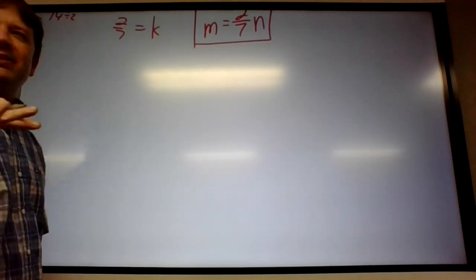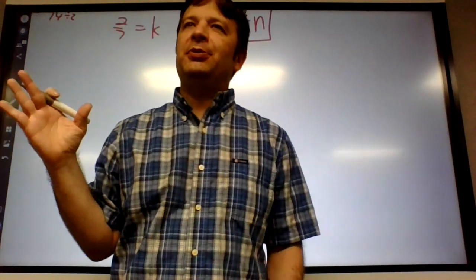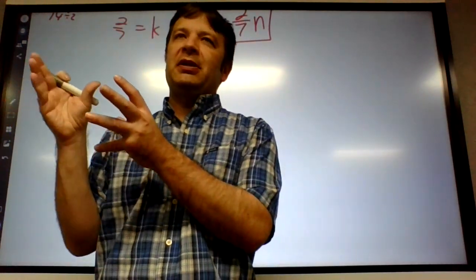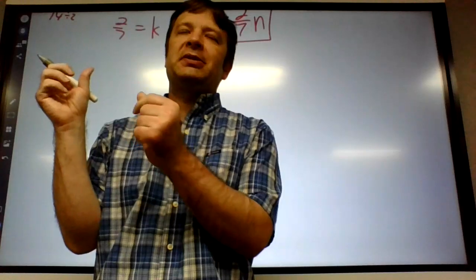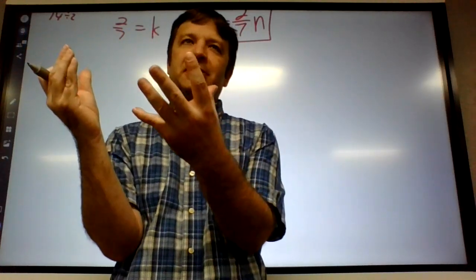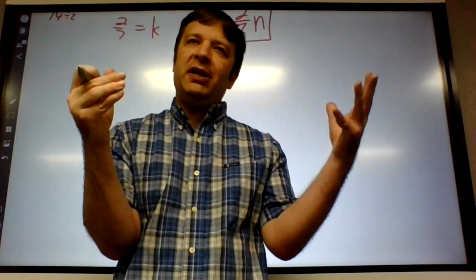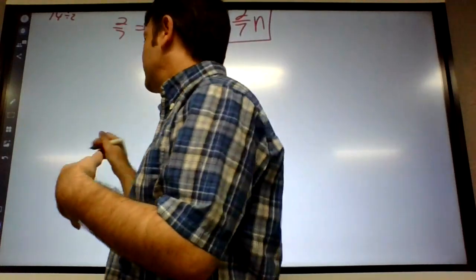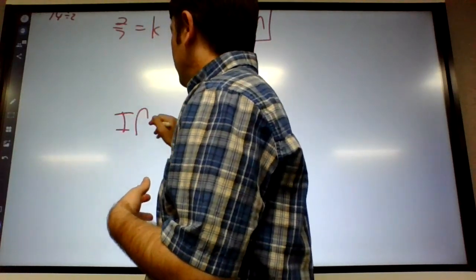Okay, so on this next part, they're going to say something like, if A equals this when B equals this, find B when A is this. I'll write it down.